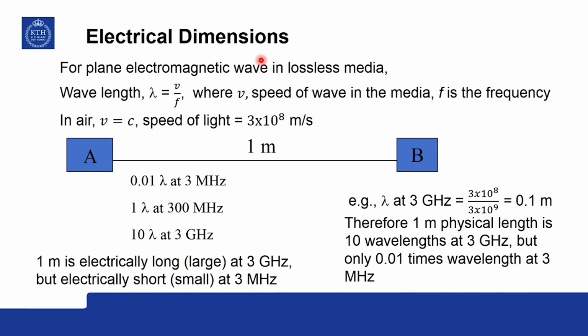For example, for a plane electromagnetic wave in a lossless medium, the wavelength is given by the speed divided by the frequency: the speed of the wave in the medium, and frequency in hertz.